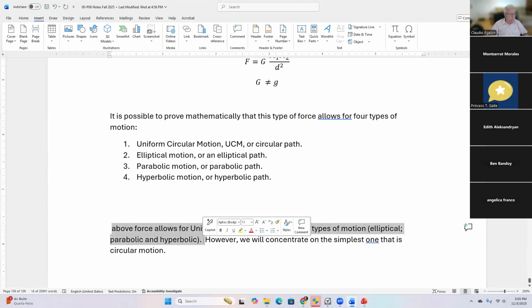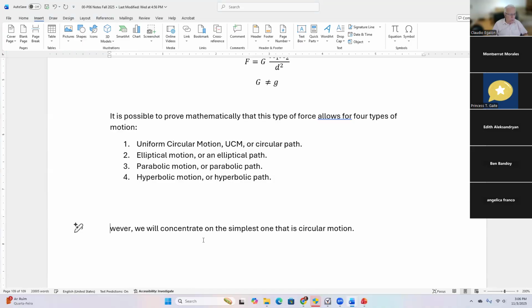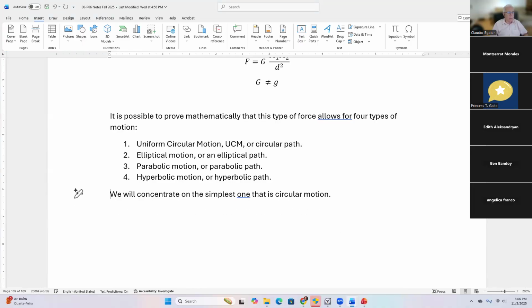We will concentrate on the simple type of motion, that is the circular one, which is much easier to treat mathematically. Okay, like that.